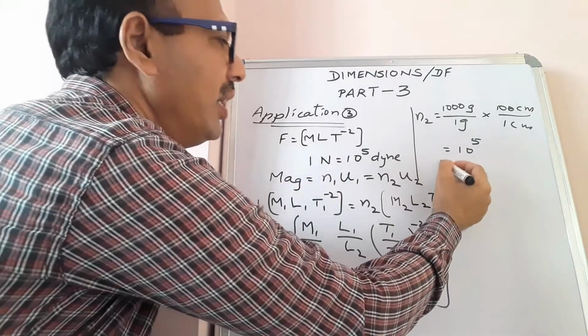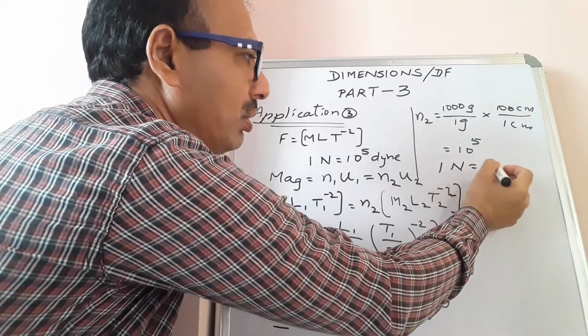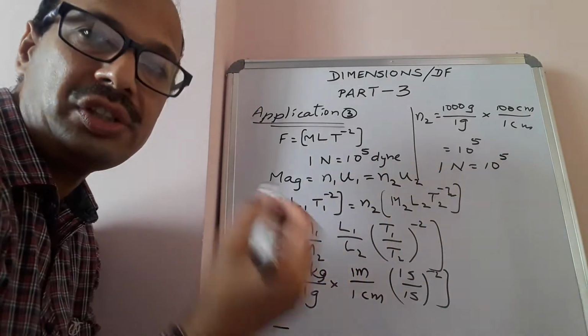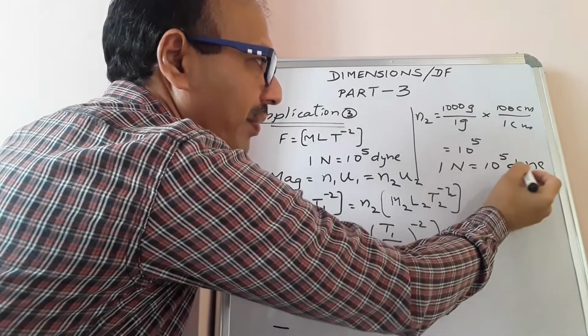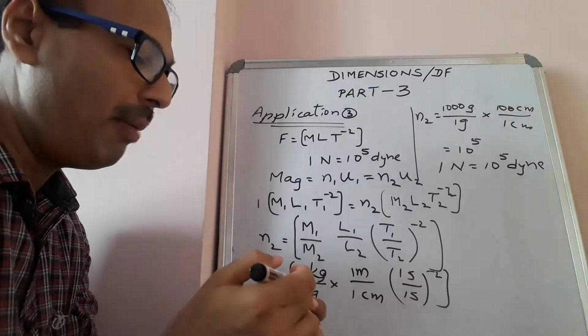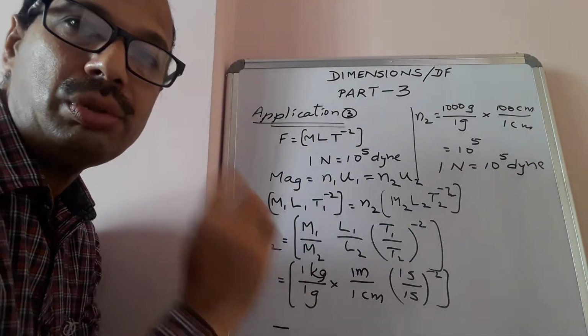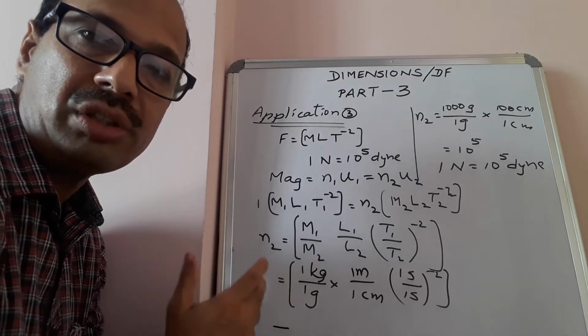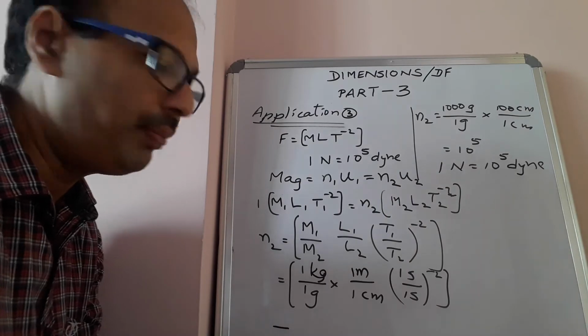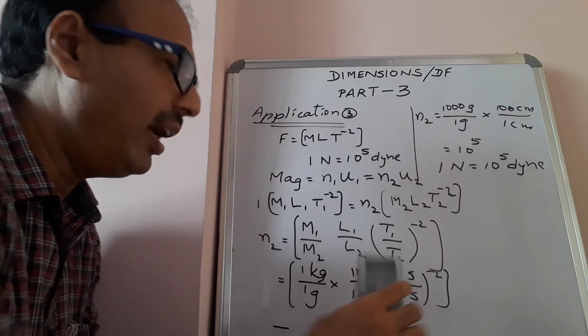So with this we can write 1 Newton is equal to 10 power 5 CGS units, and CGS unit is dyne. So this is how the dimensional analysis is also used to convert unit of a quantity from one system to another system. Let us see another example.